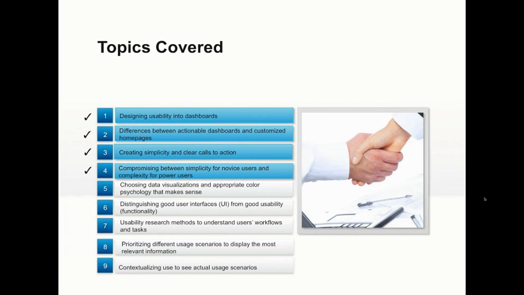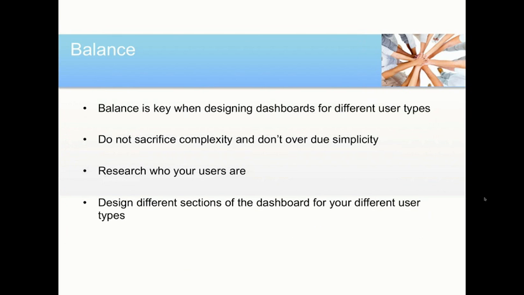Now let's talk about compromising between simplicity for novice users and complexity for power users. This is always hard to find that balance. A lot of companies come to us and they say, we have users in the sales department who just need to know the sales information. And then we have marketing that needs to know all the detailed information.